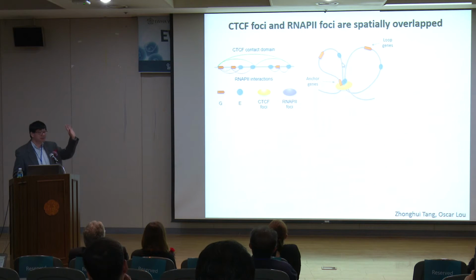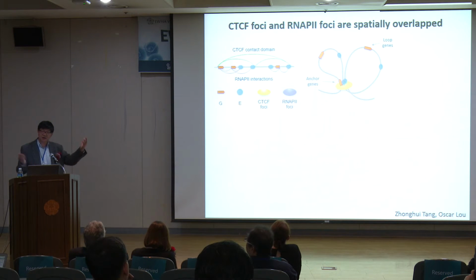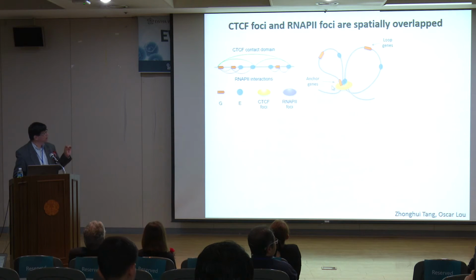So if we just imagine within the nucleus, only considering the CTCF structures, we see the anchor genes or anchor proteins brought together by CTCF to form the so-called anchor and loop structures.